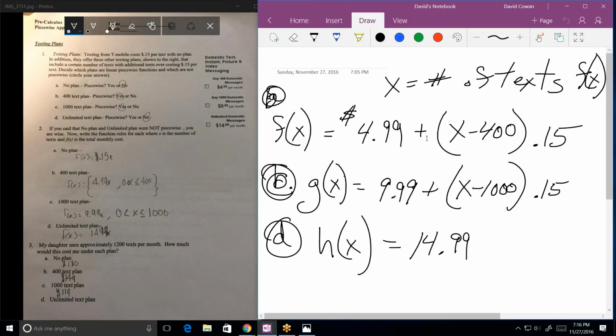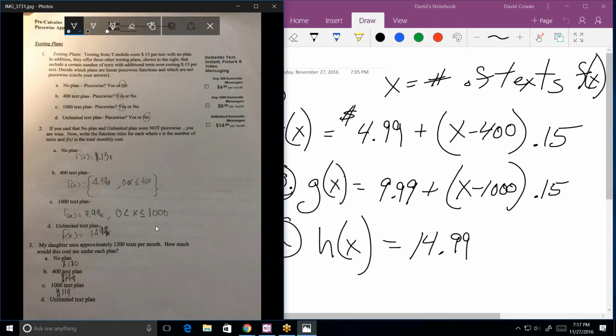If I've chosen that plan, that wouldn't be the best plan for me to choose, but x is still not restricted there, other than maybe x has to be greater than 0. But that's the only restriction. Okay? I know that it probably makes a lot of sense what you've written here, and it normally would, but this is kind of a peculiar problem. It's not a real true piecewise function. It is just 4 separate functions depending on which plan you choose.